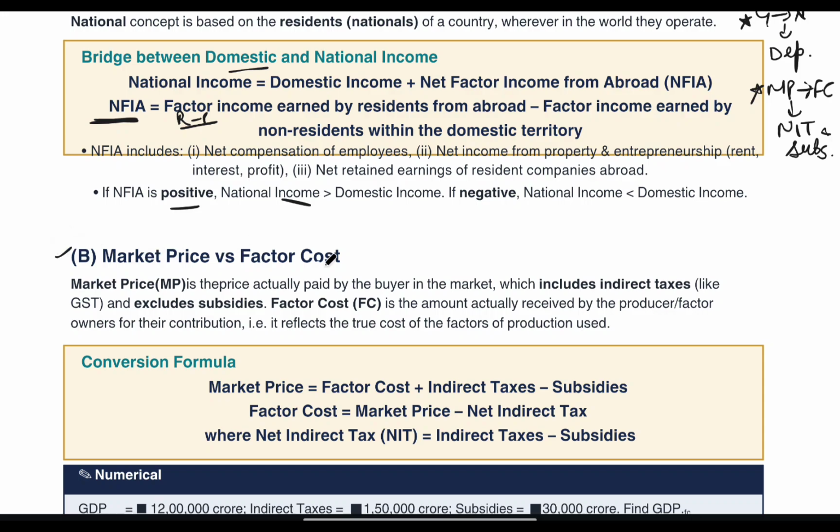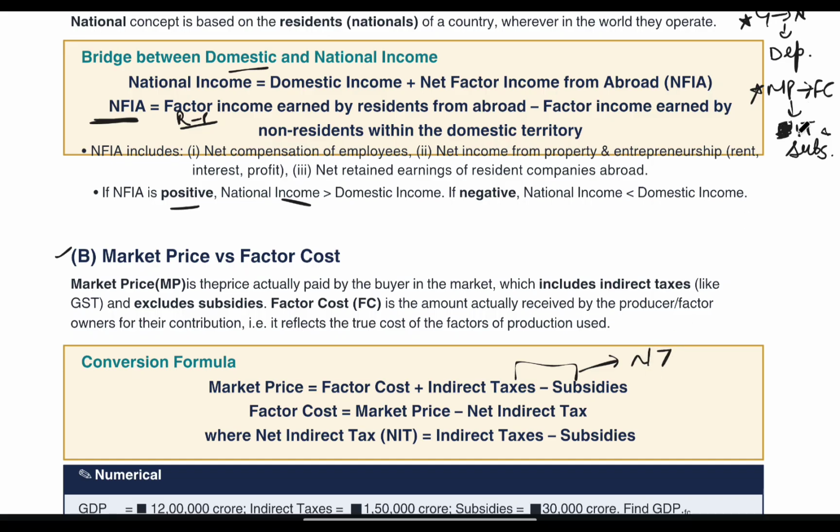The second concept is market price and factor cost. We have done this concept. The bridge between market price and factor cost is net indirect taxes and subsidies. We can calculate indirect taxes minus subsidy, which is known as net indirect taxes.